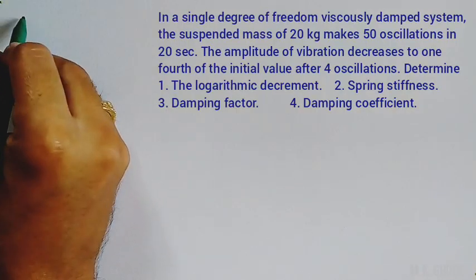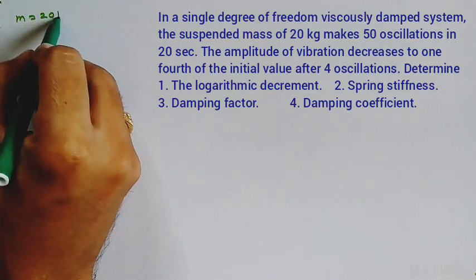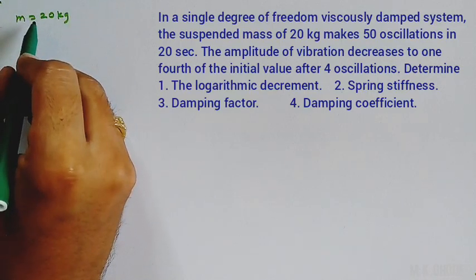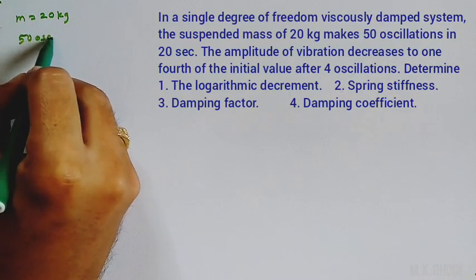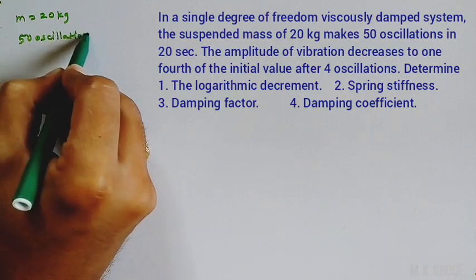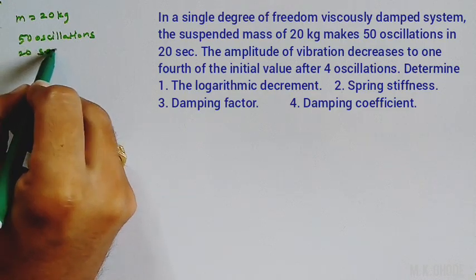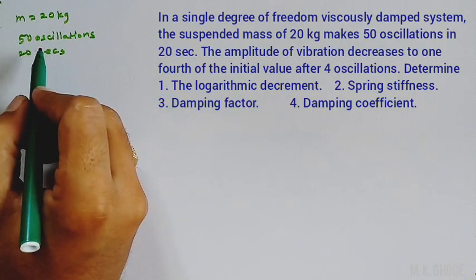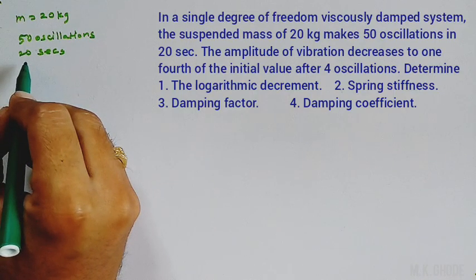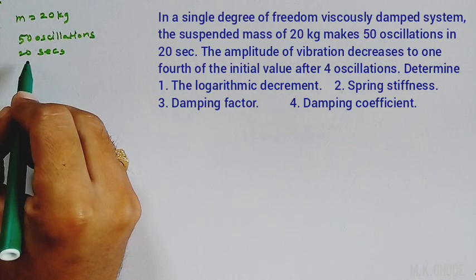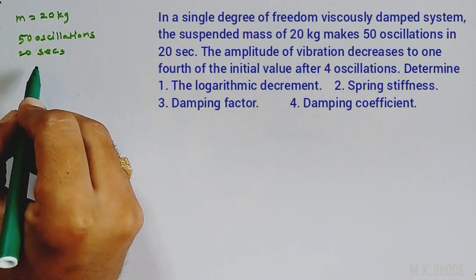So in this numerical, mass is given as 20 kg. Now it has been given that 50 oscillations are observed, and for those 50 oscillations the time required is 20 seconds. Also, the amplitude of vibration decreases to 1/4 of the initial value after 4 oscillations.